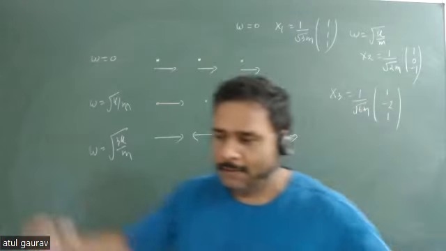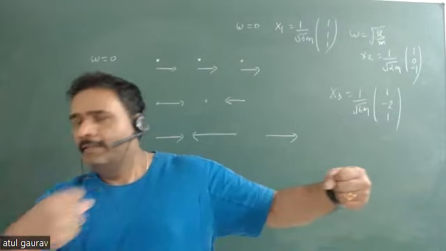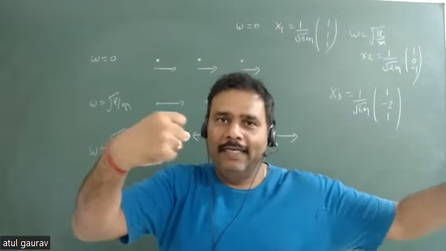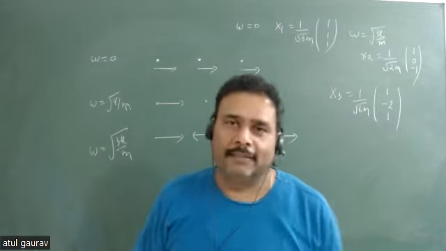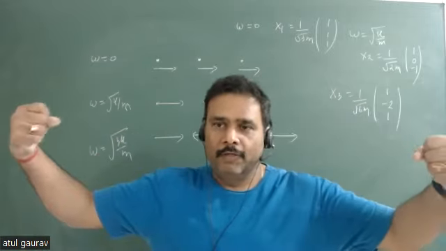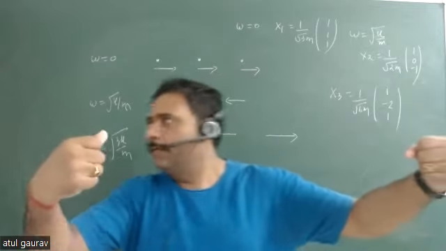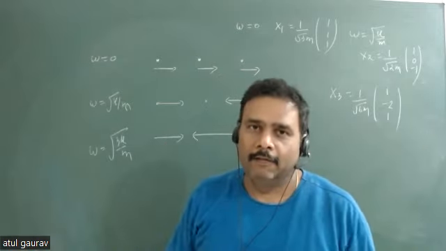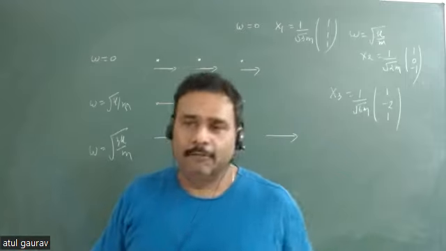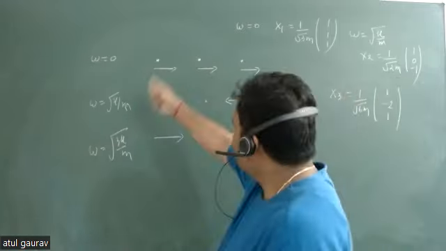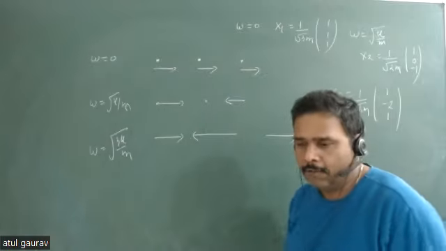So these two will move in the same direction, but the second one will move in the opposite direction. So this is your complete independent motion.